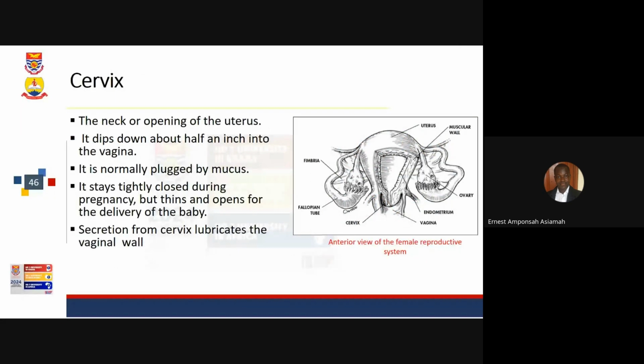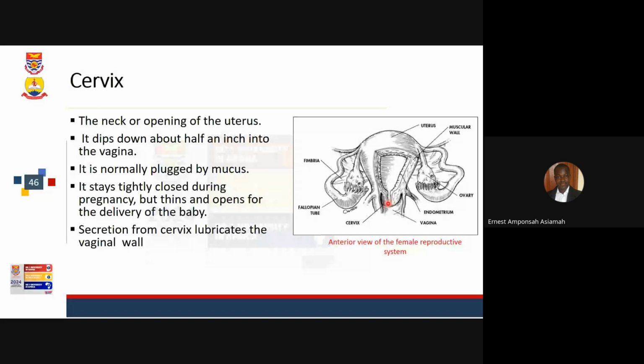So in the absence of fertilization, the estrogen and progesterone levels drop and the endometrial lining breaks down. And that will bring about menstruation. So this is how the cycle goes on and on.